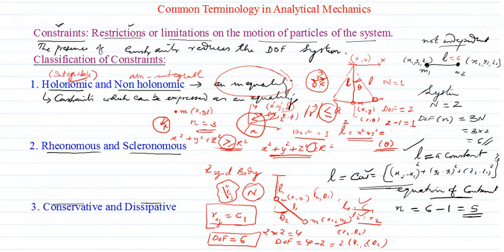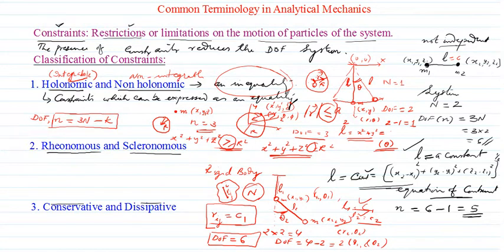The degree of freedom of a system, represented by small letter n, for an n particle system with k holonomic constraints, will be equal to 3n, the degree of freedom without considering the constraint, minus k.